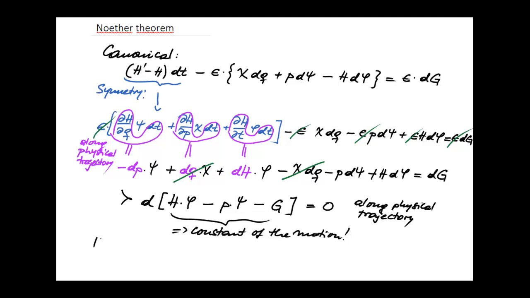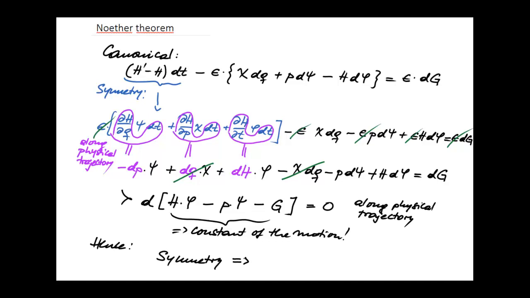So here we have shown, we started out from an infinitesimal transformation in extended phase space. We said this is canonical, and it's a symmetry in the sense that physical trajectories are mapped to physical trajectories with the same Hamilton function. And this requirement led to a constant of the motion. And this shows the general result that whenever there's a symmetry, this implies a conservation law.